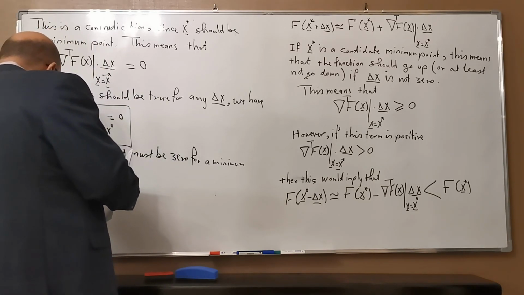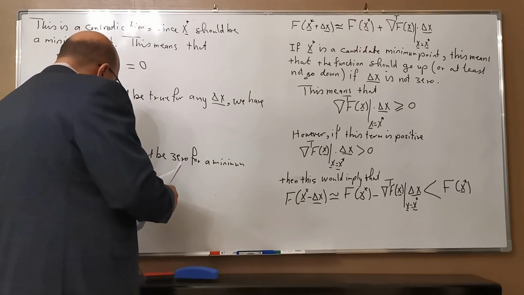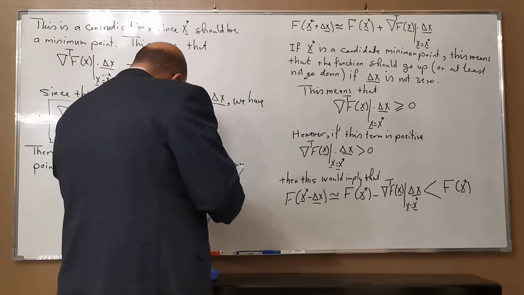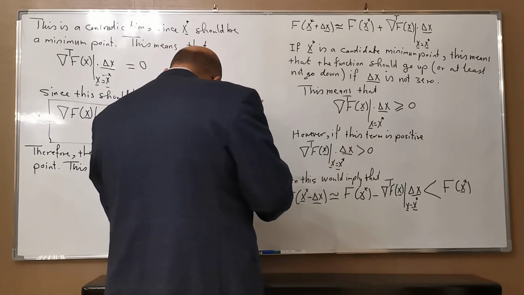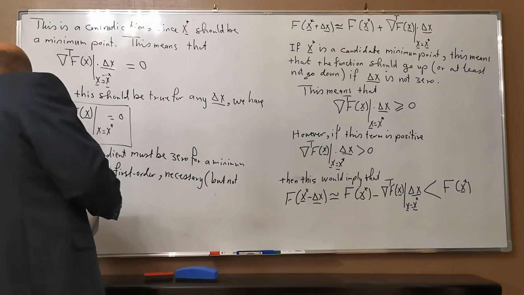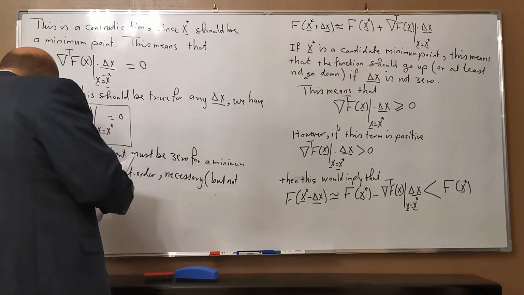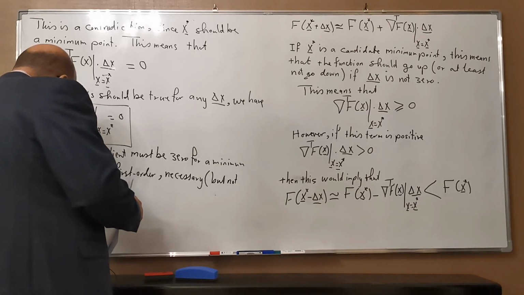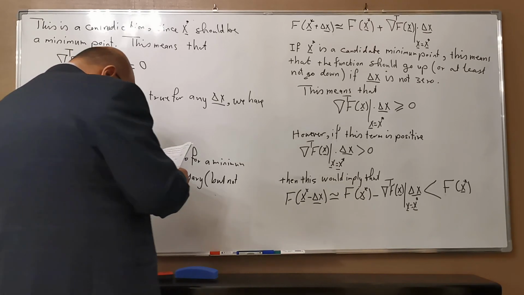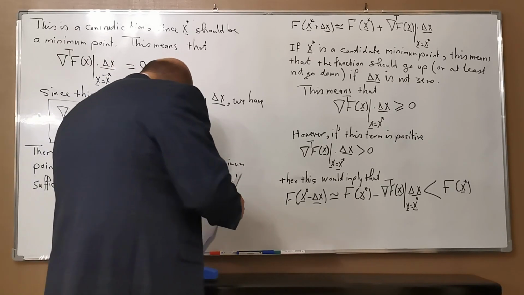Actually, this is a first order necessary but not sufficient condition for x star to be a local minimum point.